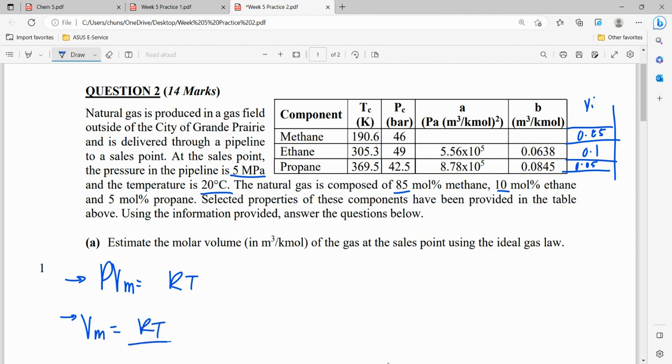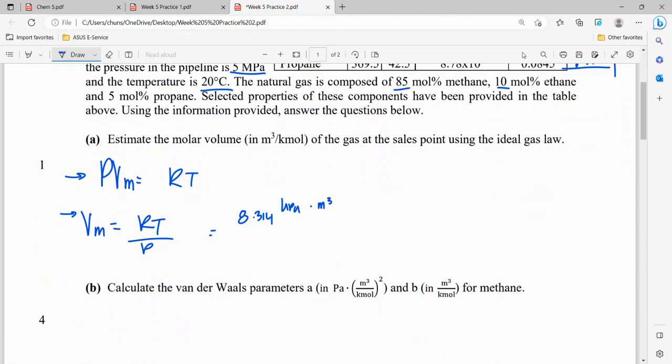This is RT over P. And we have all those values, so let's do 8.314 times meters cubed, times Kelvin.